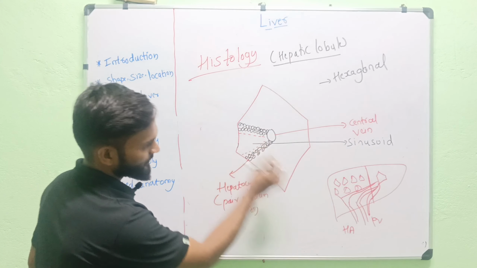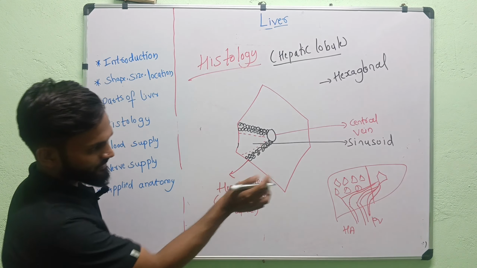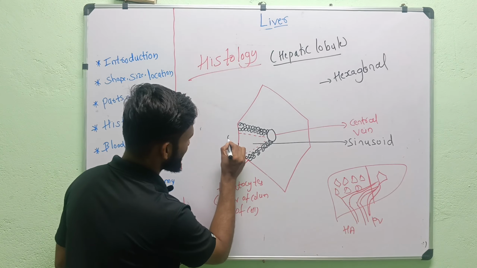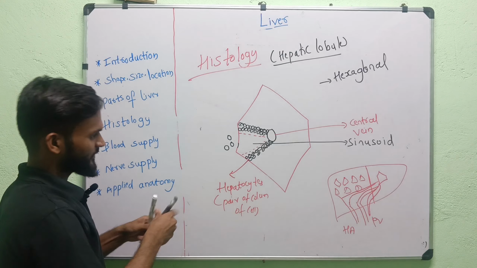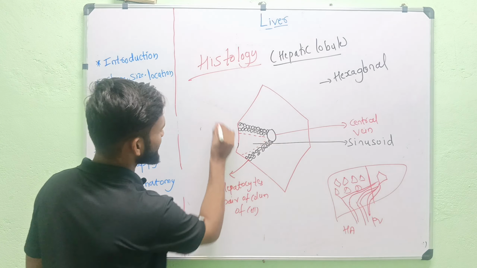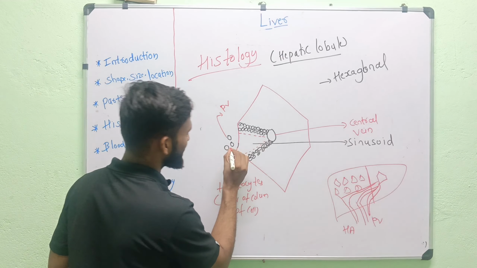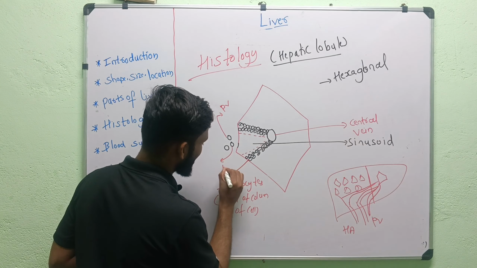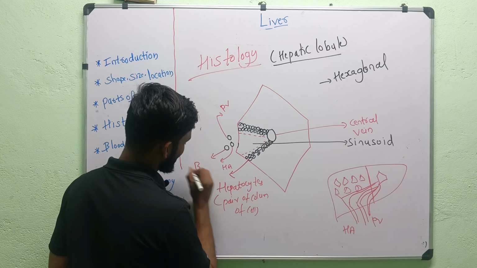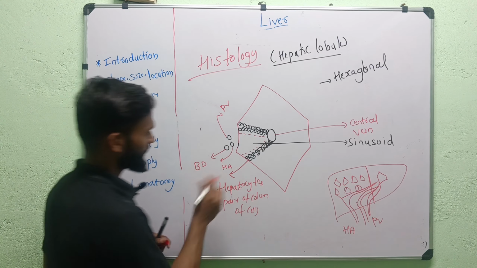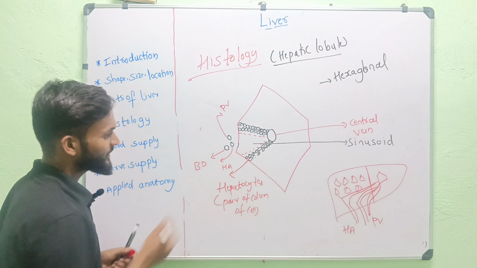Blood enters into the liver, in the lobule, through these structures: one is the portal vein, the hepatic artery, and the bile duct, which carries the bile secreted by your hepatocytes.